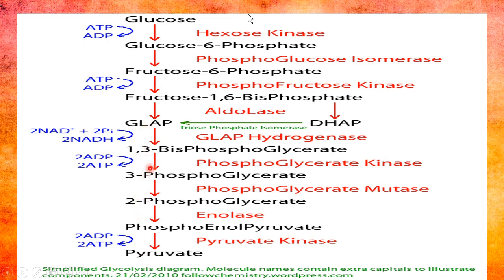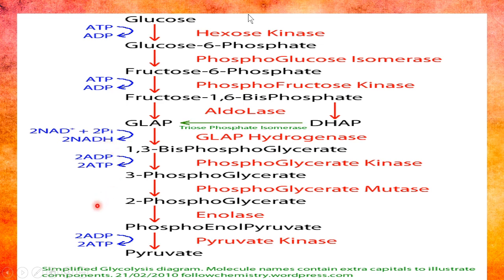Therefore, 2 ATP molecules are generated at step 7, and 2 more ATP molecules at step 10. In all, it produces 4 molecules of ATP, and 2 molecules of NADH2 are produced at the 6th step.